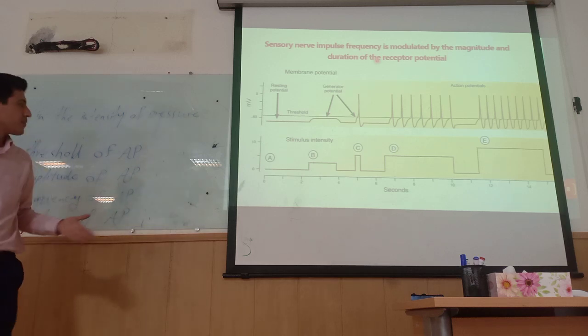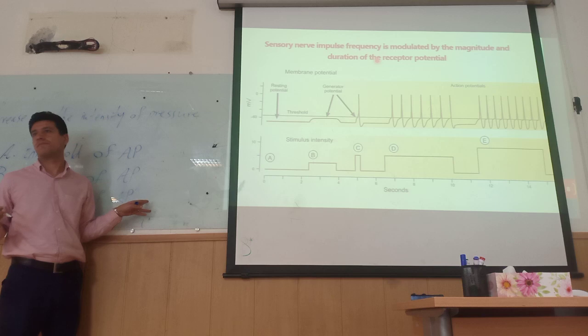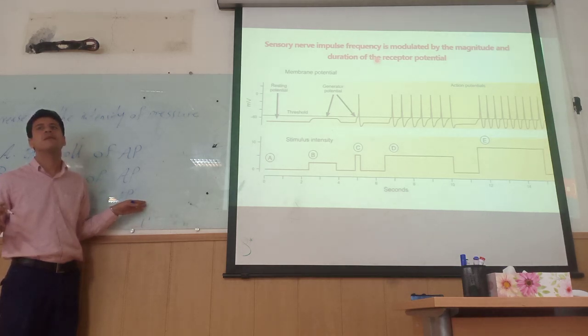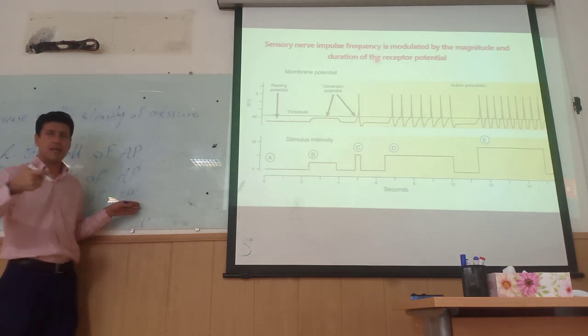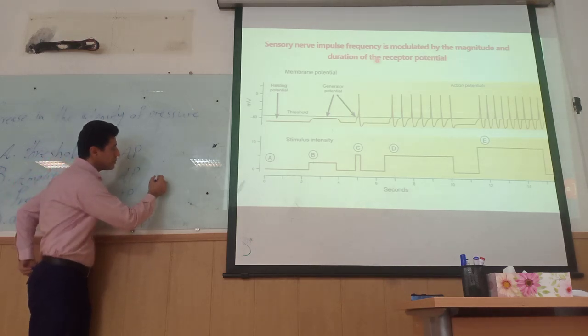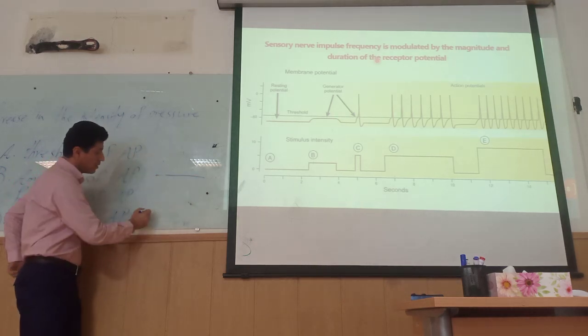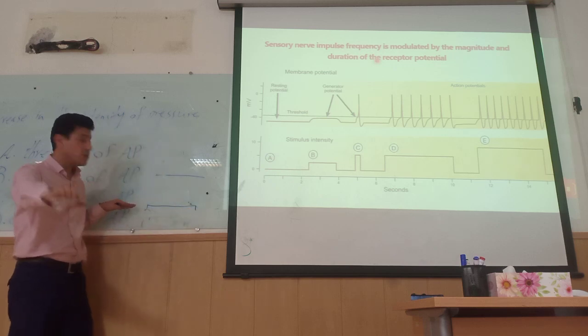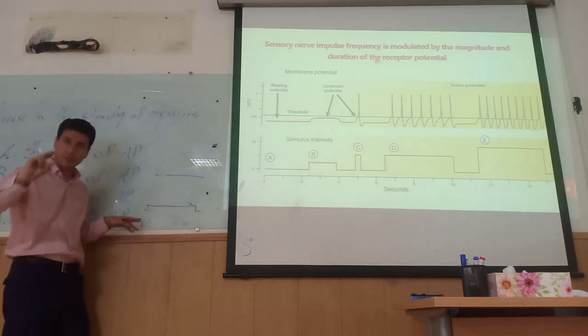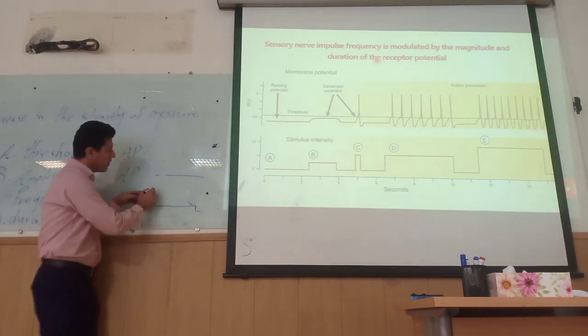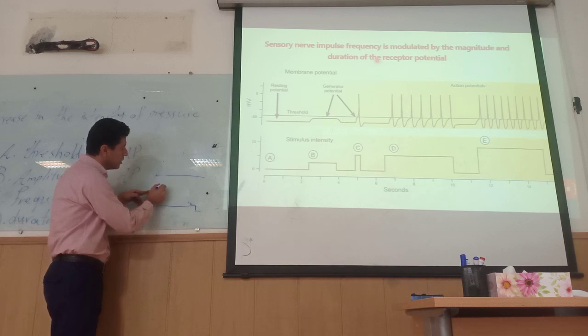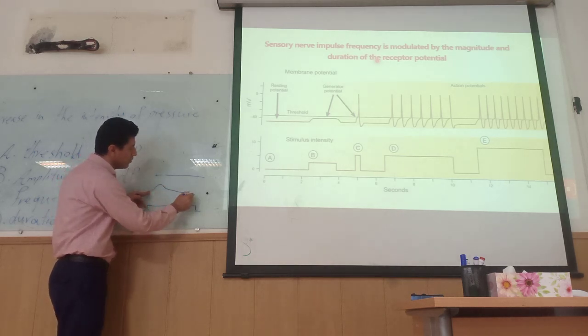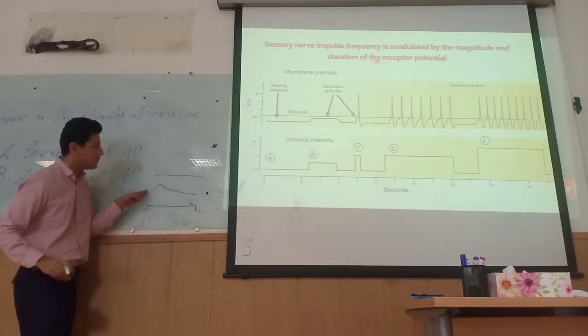Why? Because, for example, the receptor potential cannot reach the threshold. So this is the threshold. You applied a long duration of stimulation, but it's low in amplitude. So this may generate a receptor potential, which continues, but it is lost over time.